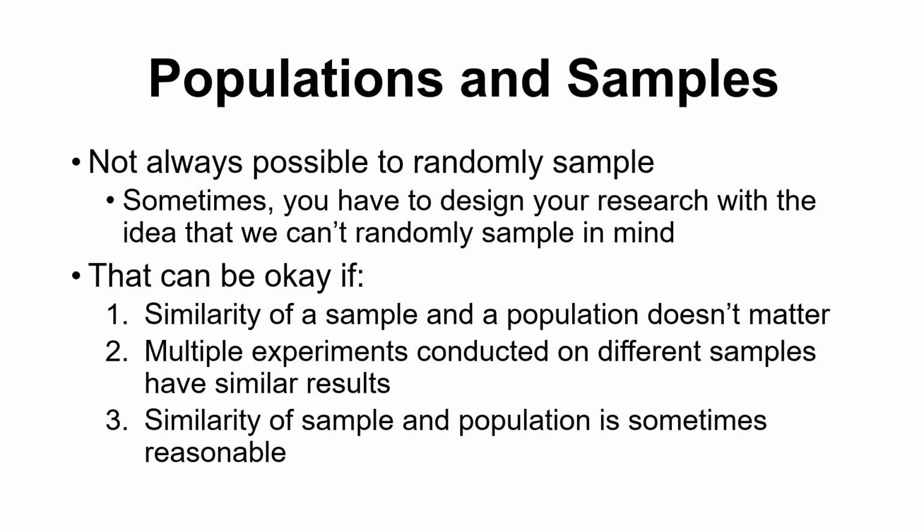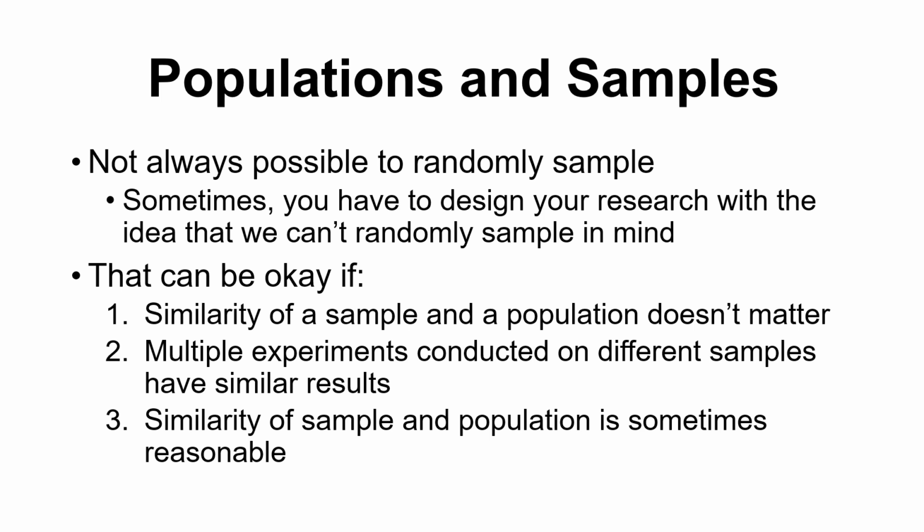You just want to study the anatomy of the brain. Then maybe it doesn't matter how old someone is, or if they're from Canada or the US. So you might not need a random sampling of all humans to look at the anatomy of the brain, because all brains are going to be more or less the same as far as your research is concerned.